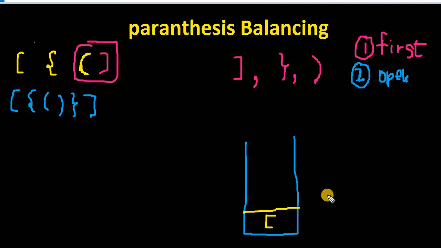So that's not an issue. After that, you encounter another opening bracket, so you again add that value into the stack. After that, you again receive a normal opening bracket, so you add that bracket into your stack. Now in the last video, we saw the concept of top, that is the iterator or the pointer which denotes the top value of the stack.